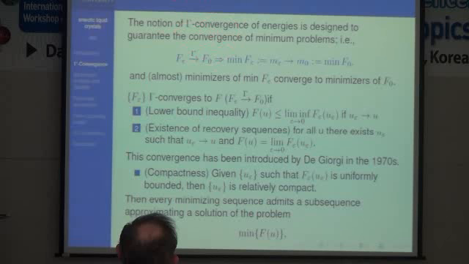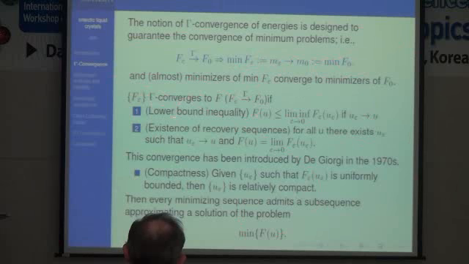For the gamma convergence theory, we prove that the functional gamma converges to the gamma limit F naught. Then the nice thing is that the minimizer of this sequence also converges to the minimizer of the gamma limit. But roughly speaking, it's not exactly the sequence itself that converges; with this compactness result, every cluster point of this minimizer is a minimizer of this gamma limit.